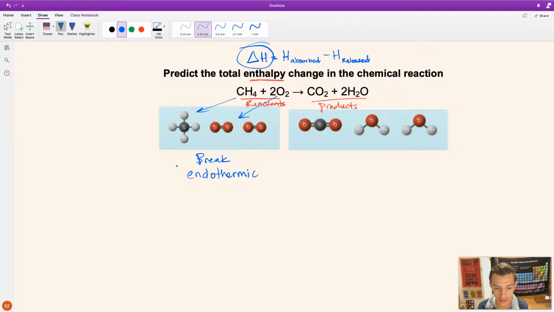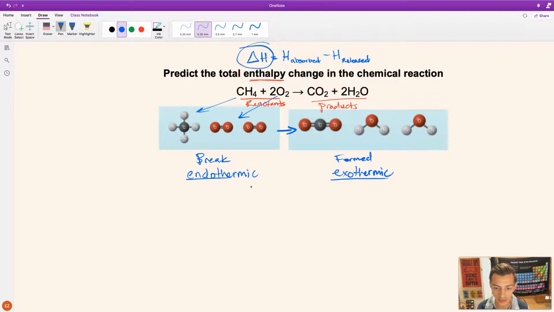So that energy gets stored in the separated atoms or parts of the molecule, and once they get put back together and formed, you release that energy, and that's exothermic by definition. So this one will always be endothermic, that's always going to be exothermic.